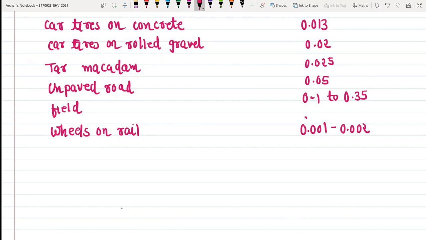Whatever values we have seen in this particular table do not take into account their variations with speed. Based on experimental results, many empirical formulas have been proposed for calculating the rolling resistance on a hard surface.